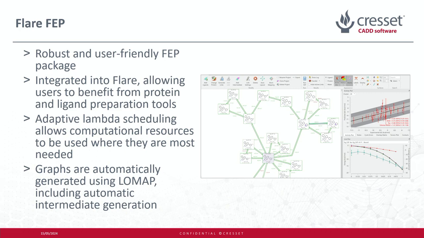And we have some nice features like adaptive lambda scheduling and automatic graph generation using LOMAP, including automatic intermediate generation, as well as some nice analysis methods for looking at the results of FEP calculations. So we basically wanted a method that we could integrate into Flare FEP that will allow our users to run the simulations more quickly and efficiently.